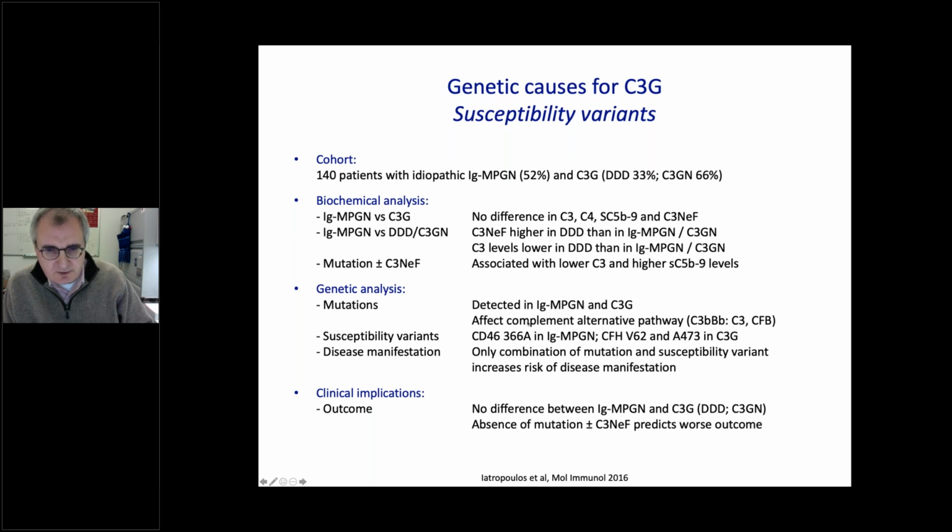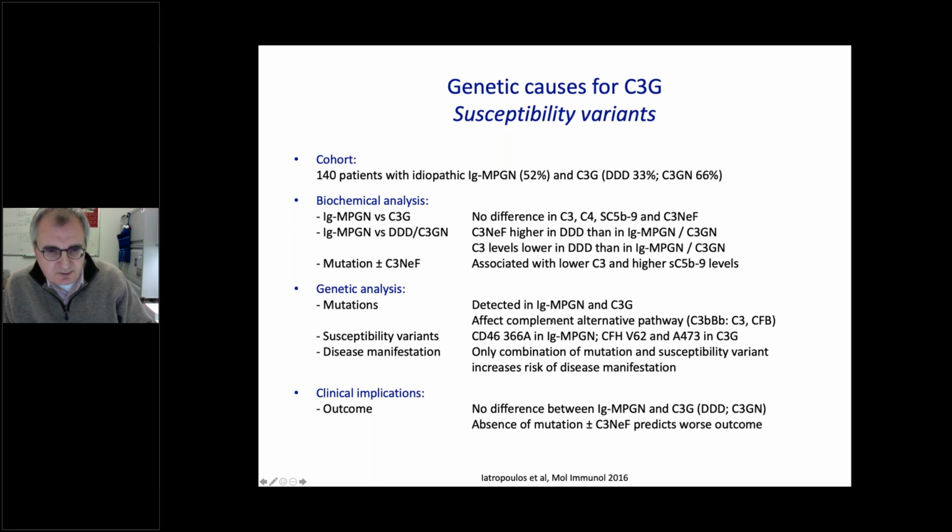And in both of those groups, those mutations affected the alternative pathway. So this dogma or rigid assumption that the mutations are applicable only to the C3G group is wrong. It is applicable across the board.